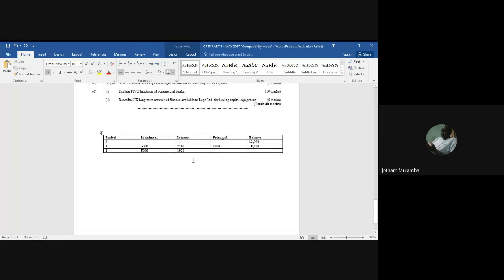So how much money will go for principal? You do 5,000 minus 1,920, which is 3,080. Now to get the balance, we do 19,200 minus 3,080, which is 16,120.